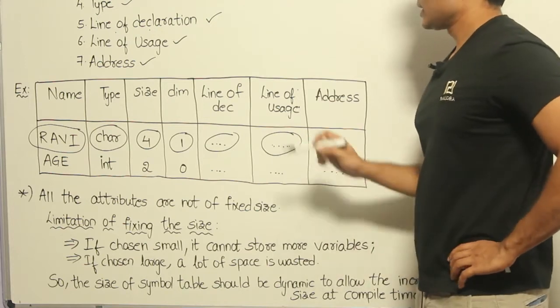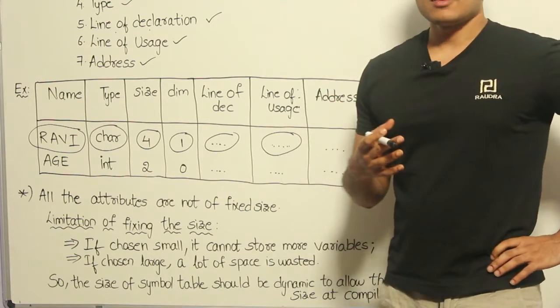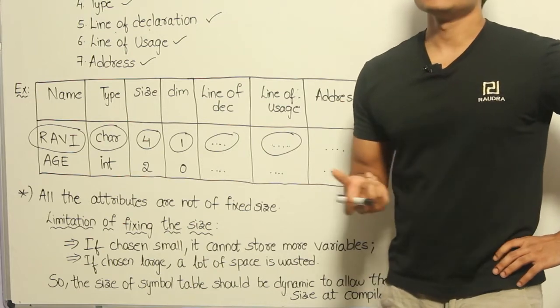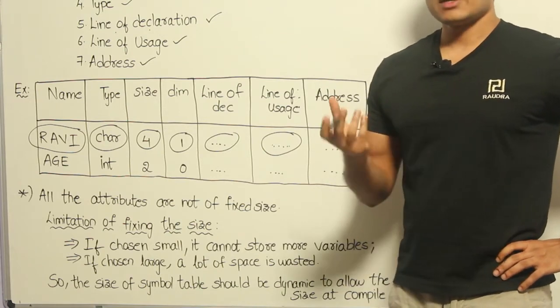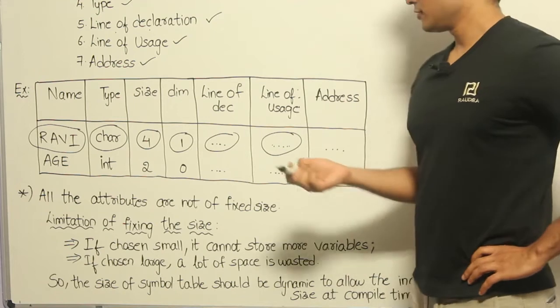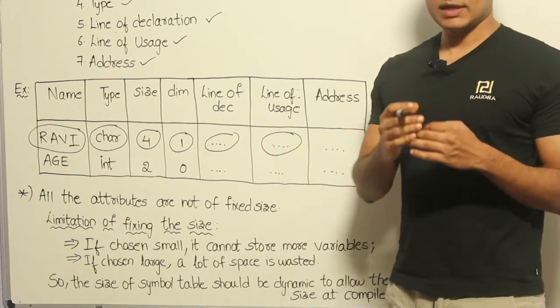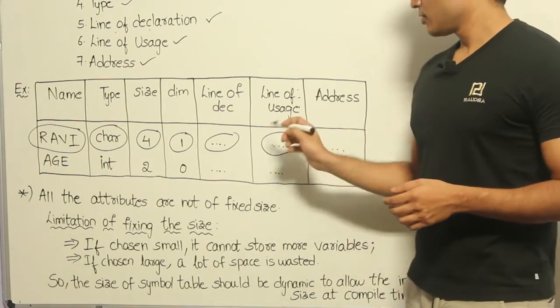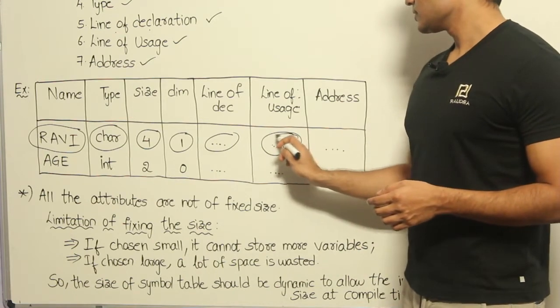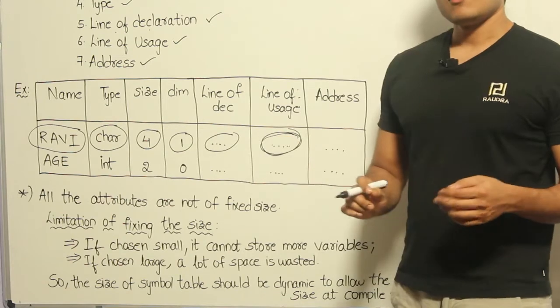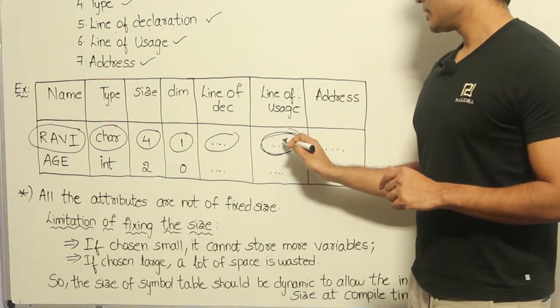Sometimes you might use a variable or an entity in more than one place. Let us say in the program you use a variable I at 10 places. Since the line of usage is given as a single field, while implementing it, it will be implemented as a linked list.